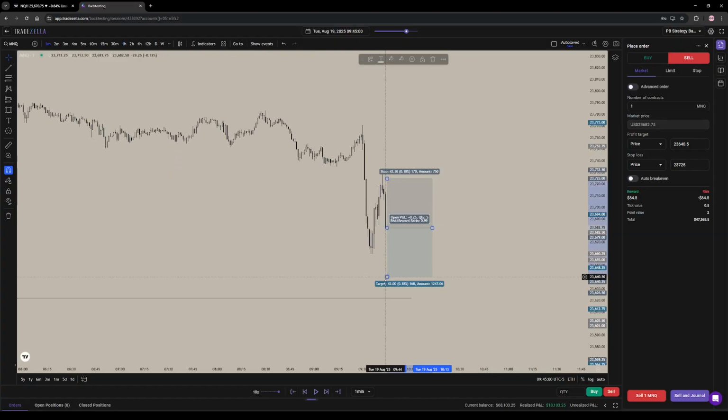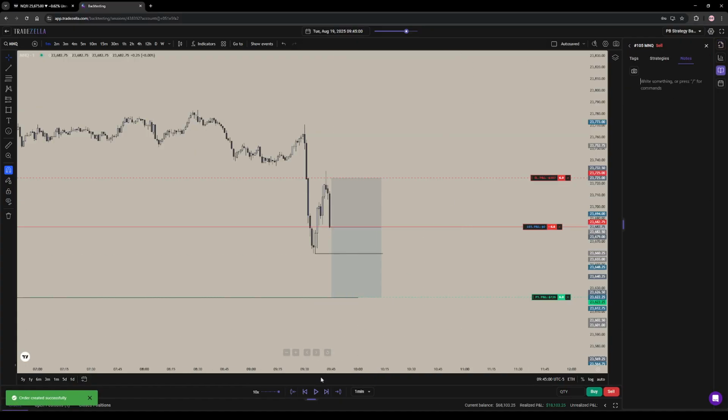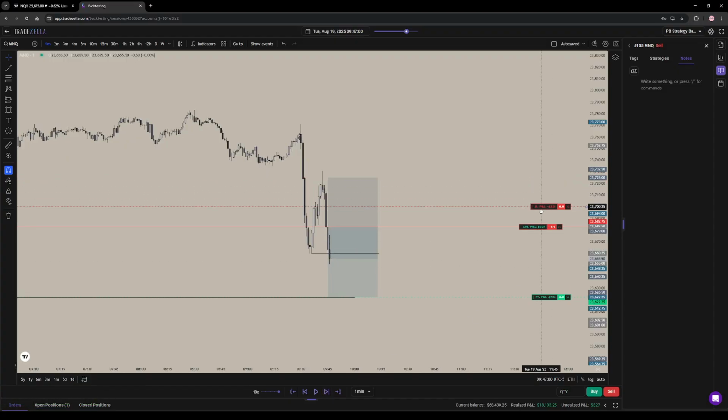So right here, and then break even at this internal swing low. So break even there.